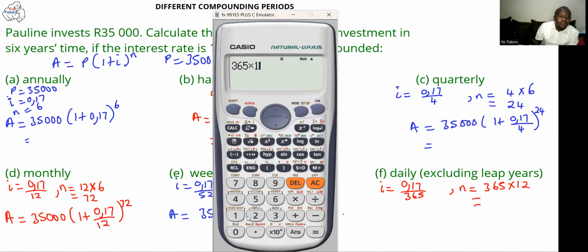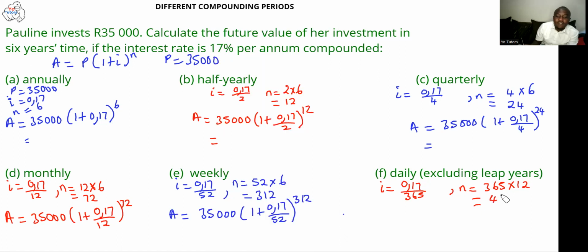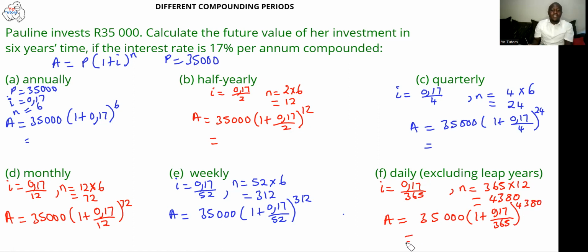What do we get? 2,190. That becomes our n. So when calculating the accumulated amount, it's going to be 35,000 in bracket 1 plus 0.17 over 365 to the power of 2,190. Now let's punch and get the values there.